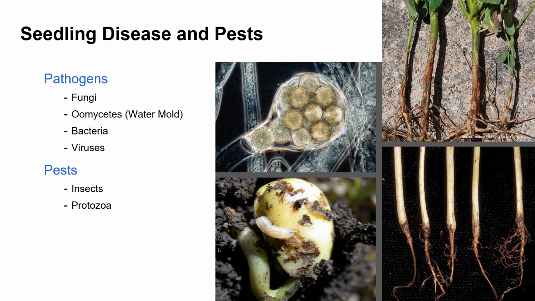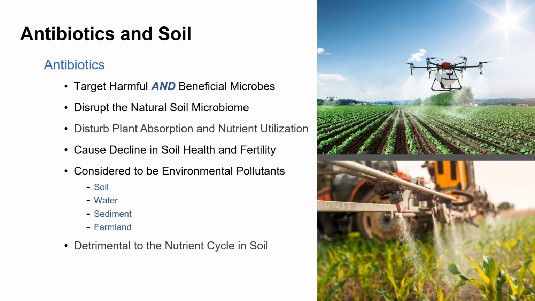And then you have to treat the plants because now they're sick plants that you maintained and allowed, but could have addressed during the seedling stage. So let's look at what we have also done. We have used antibiotics, and the antibiotics have now created a target for the harmful, but also the beneficial microbes. So now we continue to lose type 1, 2, and 3s.